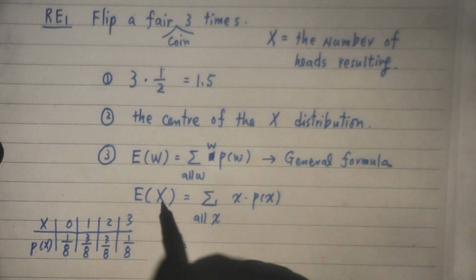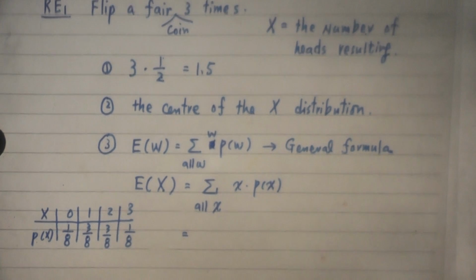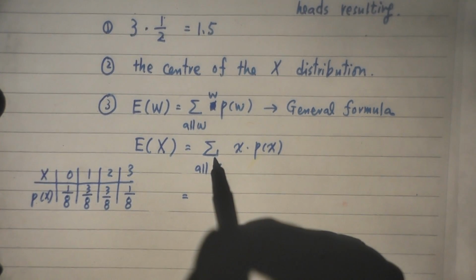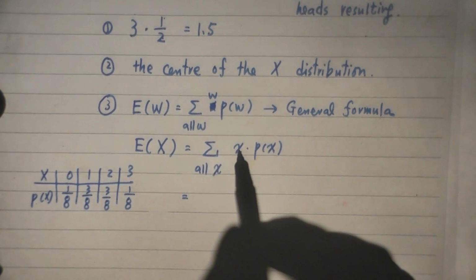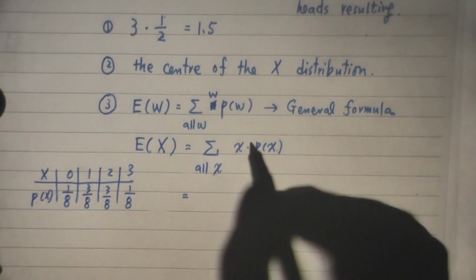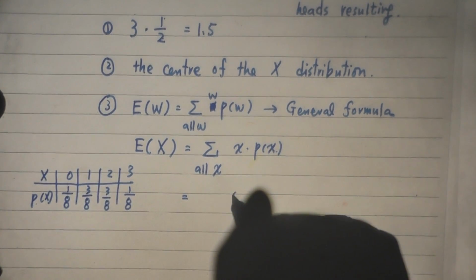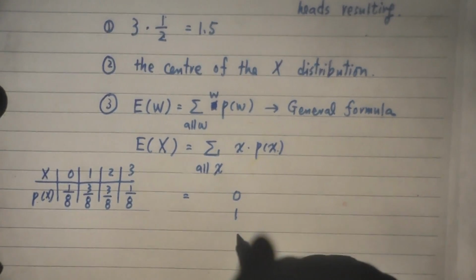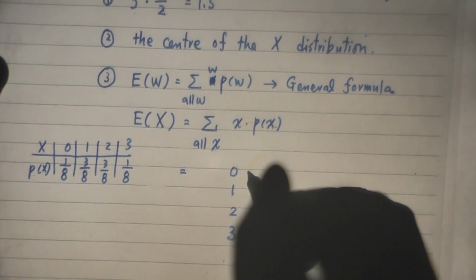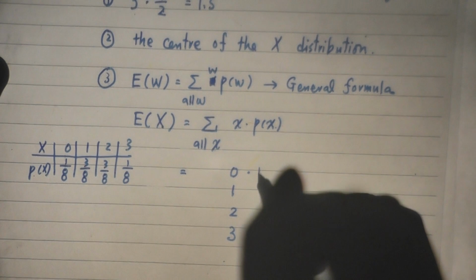Okay? So the expected value is a weighted average of all possible values of x. In the mathematical formula, I sum up all x times its corresponding probability. So the possible values of x are 0, 1, 2, and 3. How likely do you see x equal to 0?